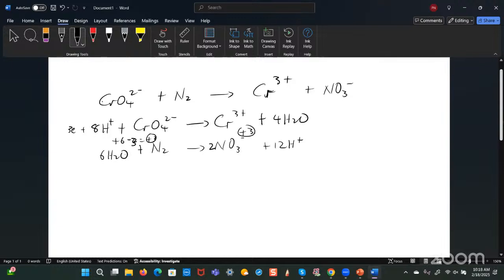Let me erase this here. What about the second half equation? To which side will you add electrons and how many? How many charges total do we have on the left side? 0. How many charges total do we have on the right side?